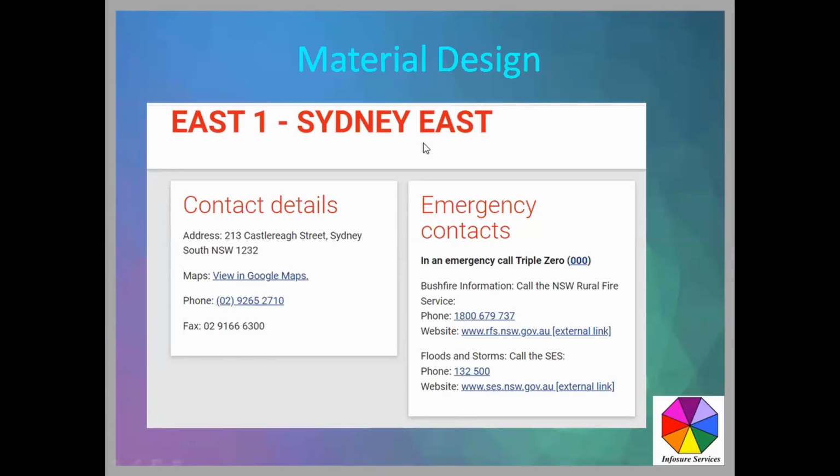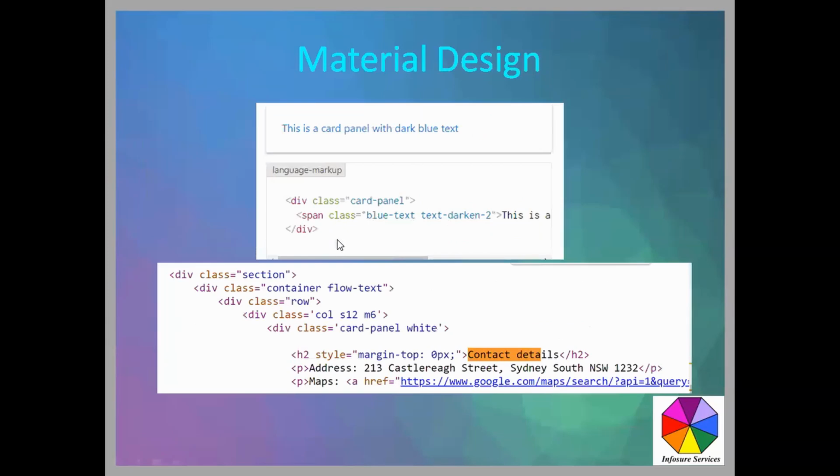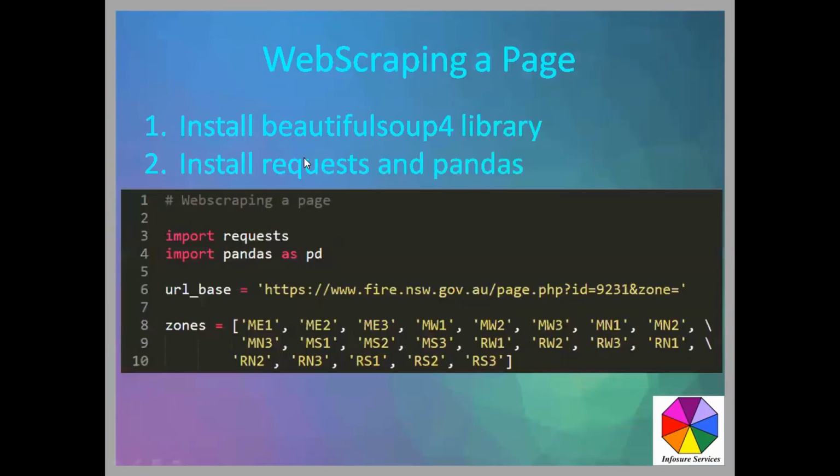There could be New South Wales, there could be Melbourne and another, Victoria. There could be different counties having different fire stations, each having some contact details, some emergency contact information like that. So now I'm going to gather information from this web page, which is called web scraping.